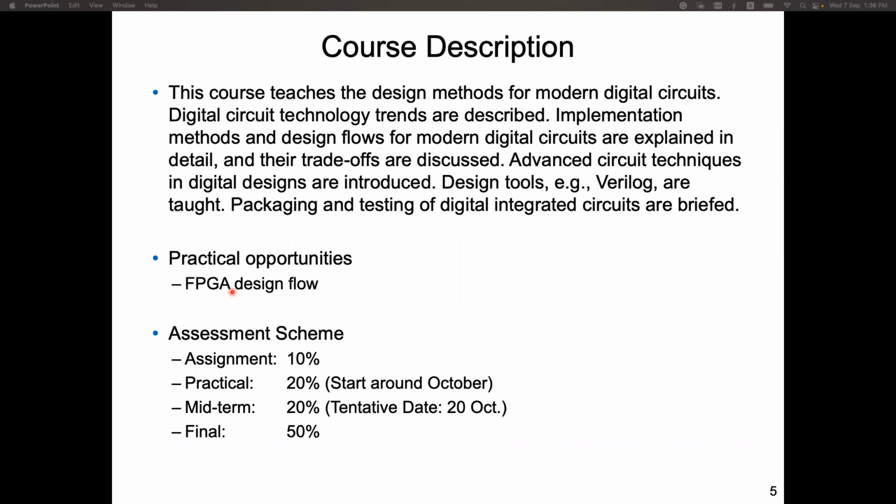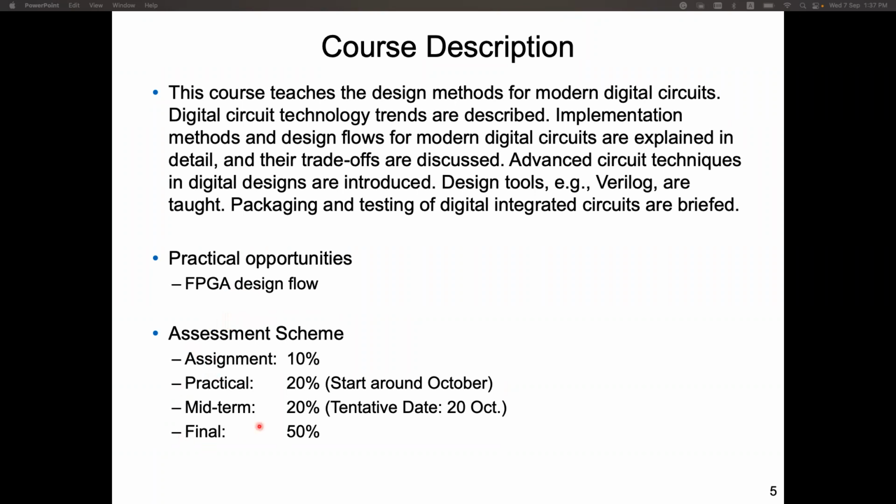So you will get a board like this in the 4th week. This is an FPGA design kit, a design board. And you will have 3 practical exercises to do, and you're going to use this board. The limited number of this board is the reason that we have a limited quota for this course.